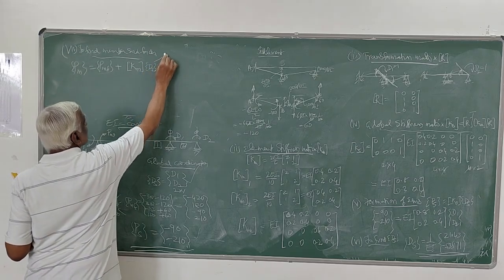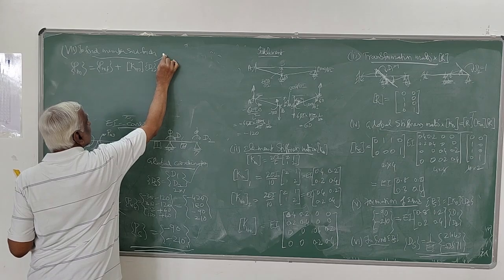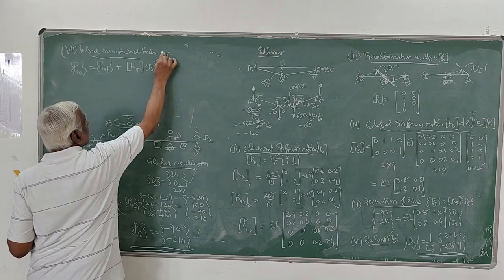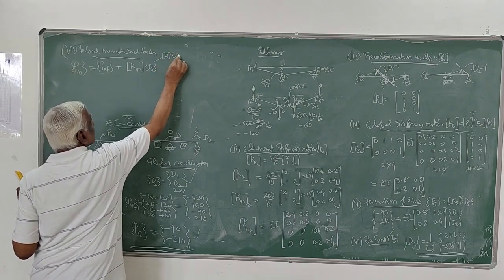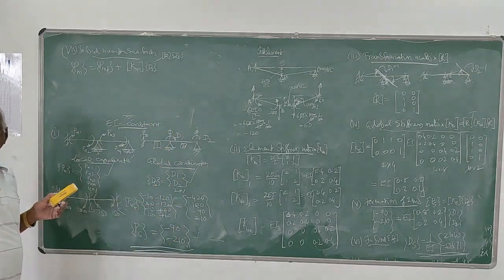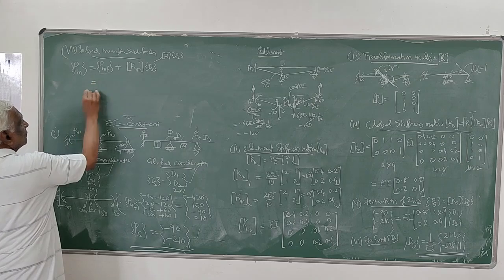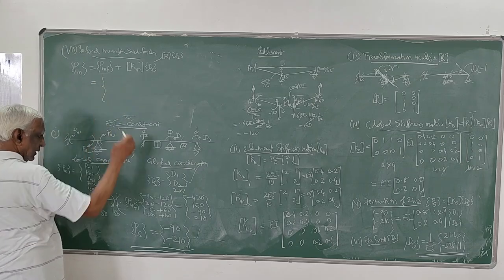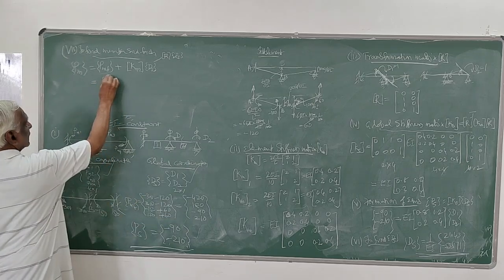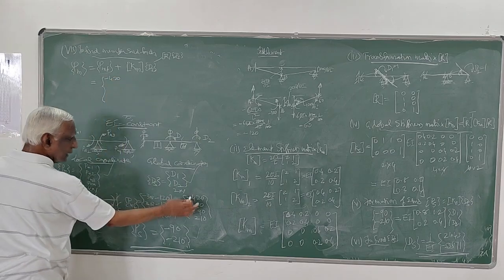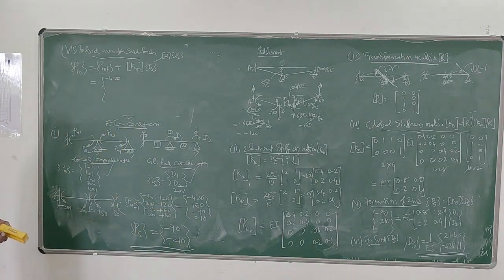This DS is nothing but DM, or DS. So that is equal to PMF, here minus 420, that's including settlement of support.